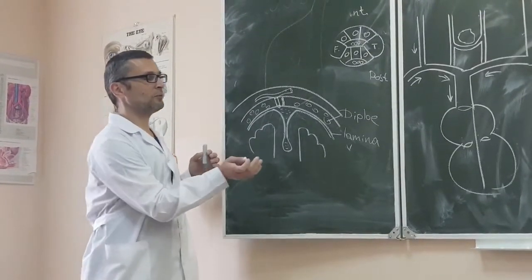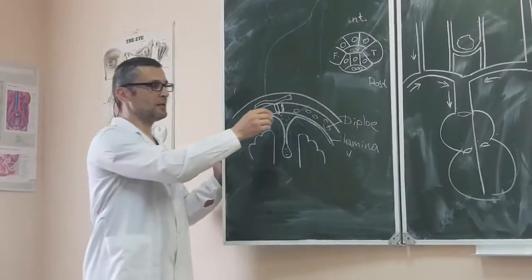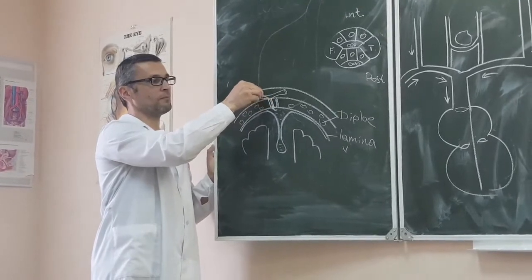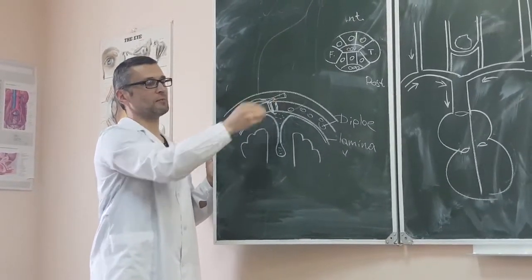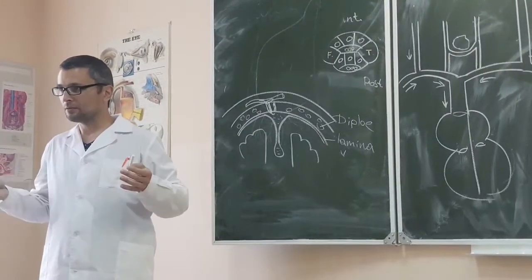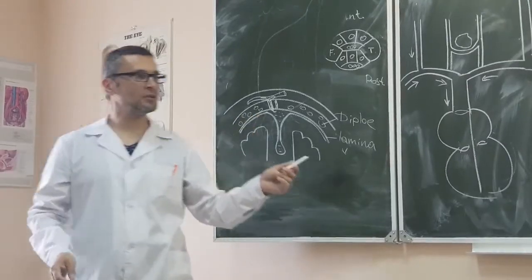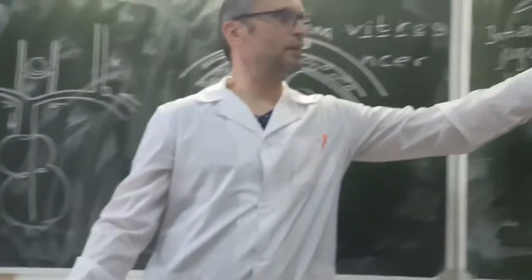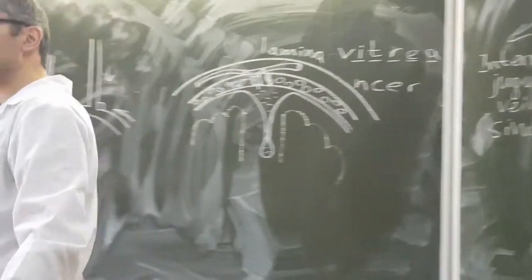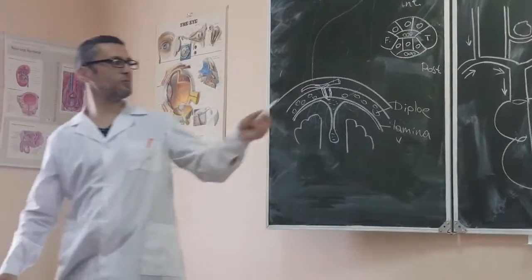This blood will press into this vein, which is inside of this opening, and then this blood will flow through this vein into a superficial vein. So this vein, during increased intracranial pressure, is called an emissary vein. With the help of the emissary vein, our blood can also go out to the superficial veins.